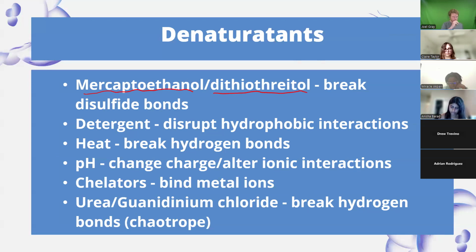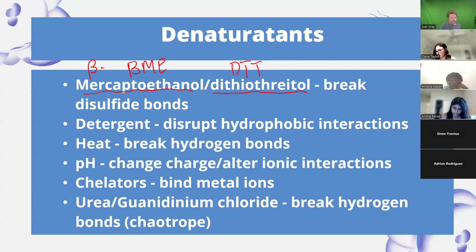Mercaptoethanol is also beta mercaptoethanol, also known as BME. Dithiothreitol, also known as DTT. What these two reactants do is they disrupt disulfide bonds. So they break a covalent bond.